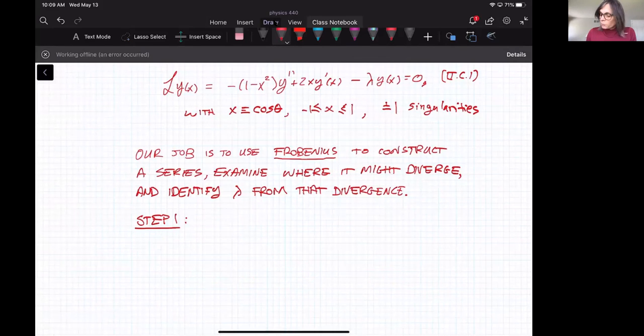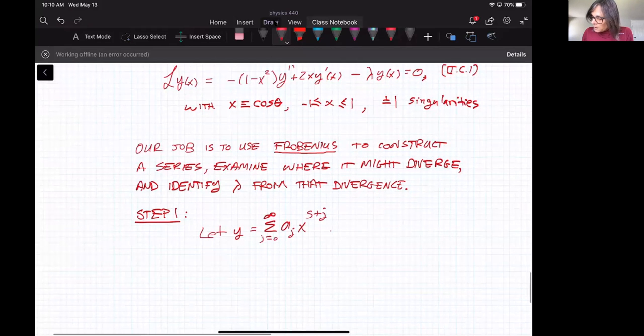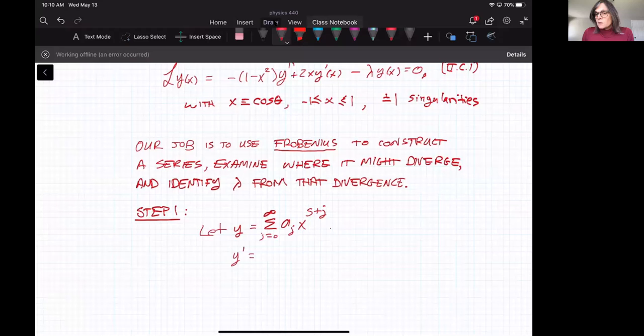And our first step then is to write out each of these terms using our method for Frobenius. So our first step is to let y be equal to the sum over j of a sub j x to the s plus j. So that we're basically multiplying x to the s times our power series. And I realize that the book hops back and forth between using L's and N's and K's and all of that. Here we're using s. So that means that y prime is just the first derivative of that.